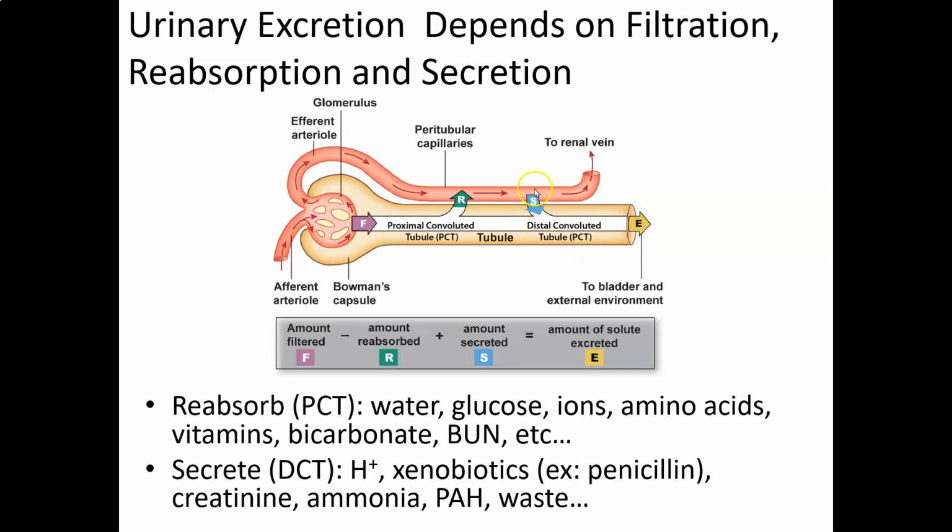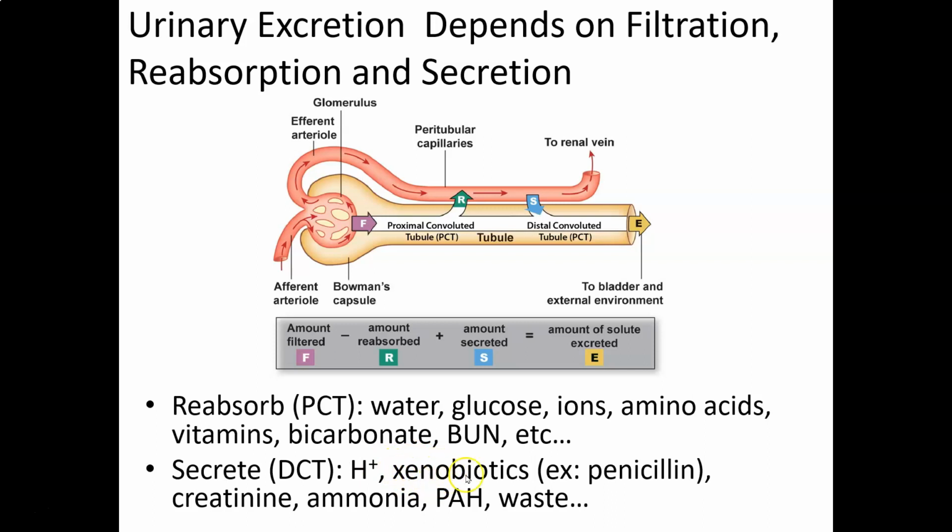And secretion is taking stuff basically out of the body, and in particular out of the capillaries, and putting it into the tubule for excretion to basically pee it out. It depends on the acid-base condition of the body, but as an example, we often secrete hydrogen ion, H+, into the distal convoluted tubule. We secrete things called xenobiotics.